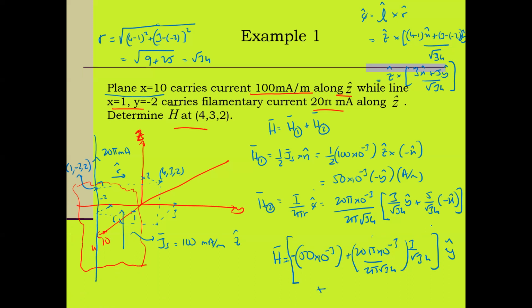And plus the X component, which will be 20 pi times 10 to the -3 over 2 pi, 5 over root 34. And that is -X direction. So that should be your H field total in the units of ampere per meter. Right. So that's how we solve for example number 1 here.